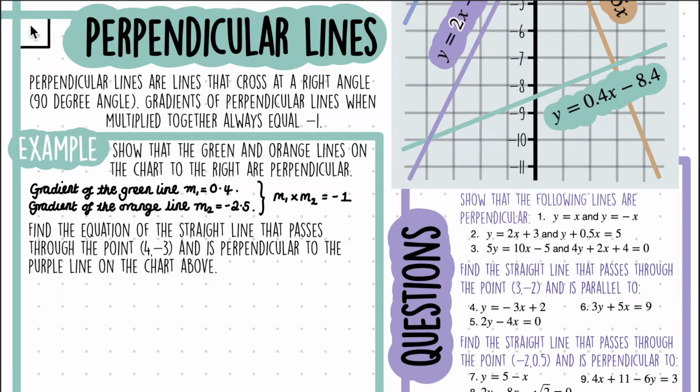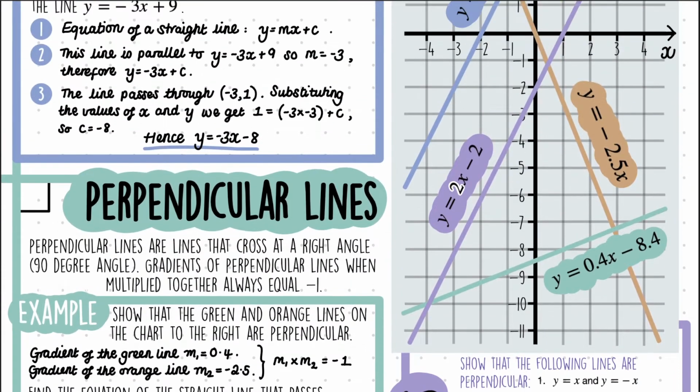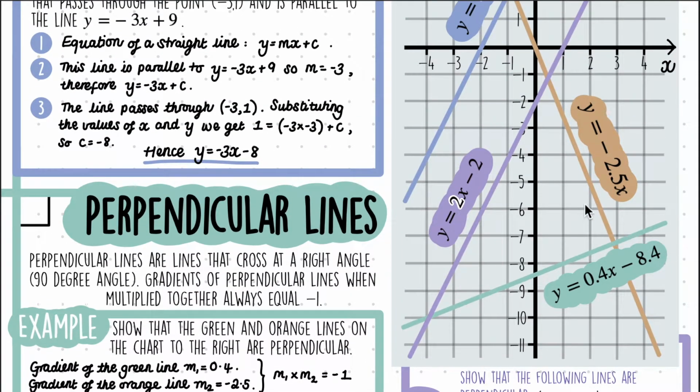If you want to show that two lines are perpendicular, you take the gradient of both lines, you multiply those gradients together, and if your answer is -1, then you've proved that those lines are perpendicular. So let's just look at an example of this. If we go back to our graph here, we've got this orange line here, given by this equation, and we've got this green line here, given by this equation.